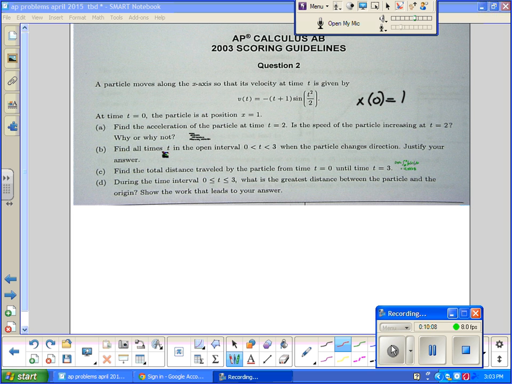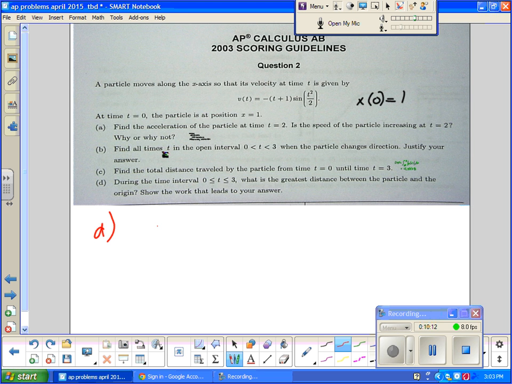Everybody, think about this. We're talking about the greatest distance. For letter D, we want to find the greatest distance for x of t. The derivative of x of t, guys, is v of t. And since that's a differentiable function, we've already found the critical point in 0 to 3 in letter B, right?